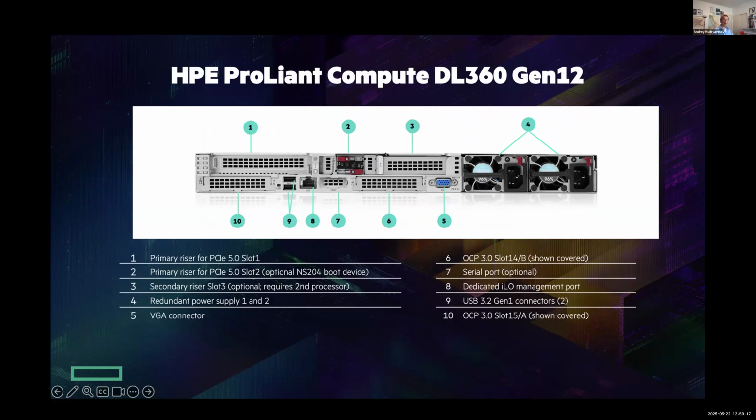In some of these configurations, you simply go with add-in cards because it allows you to go to a higher thermal profile, and that is the case for the high-performance fabric, as you might know already. In other cases, the form factor might simply not be available in OCP due to the challenges of the thinner profile of the OCP card and the amount of cooling that can be done, and simply some vendors are not making cards in OCP.